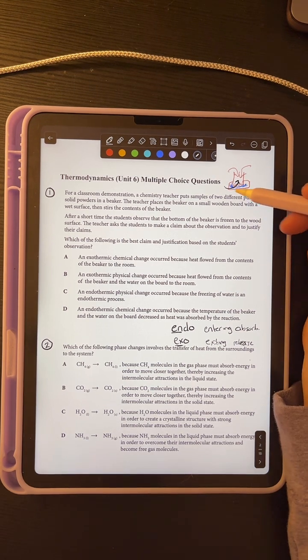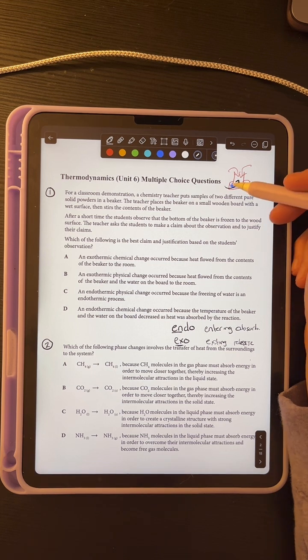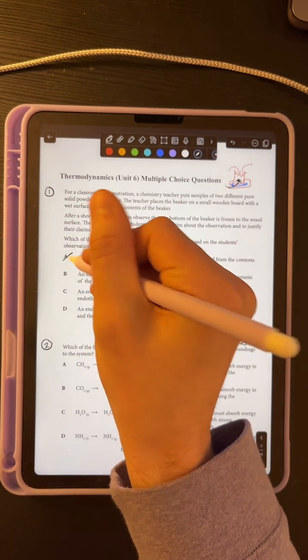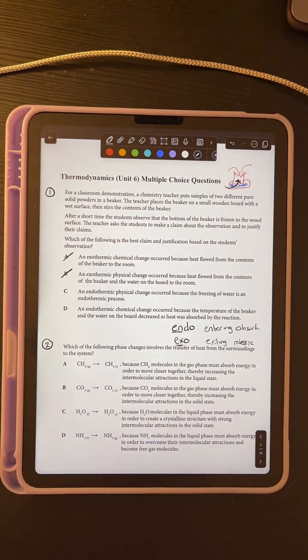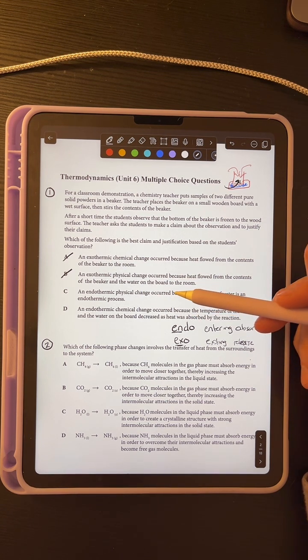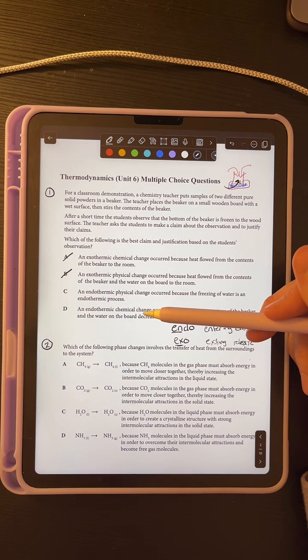So because the outside of the beaker is freezing, it is decreasing in temperature, it's losing heat, so heat is being gained by our beaker. So this reaction is endothermic, so we can cross off A and B. It's taking in heat, and then we are looking at whether or not it is a physical change or a chemical change.